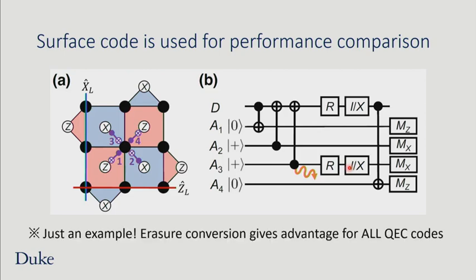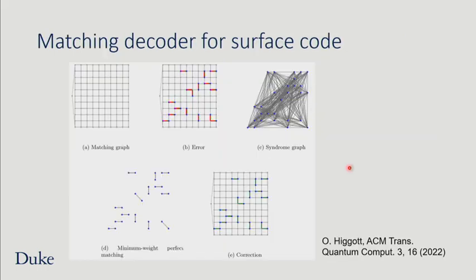I want to emphasize that erasure conversion is not limited to surface code. The location information is always valuable. It applies to all QEC codes. I chose surface code because it's relatively easier to get the threshold from simulations. And for surface code, it's really easy to visualize why location information is so valuable. I borrowed this picture from the PyMatching paper.